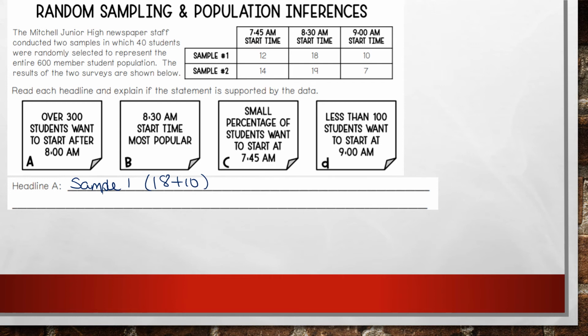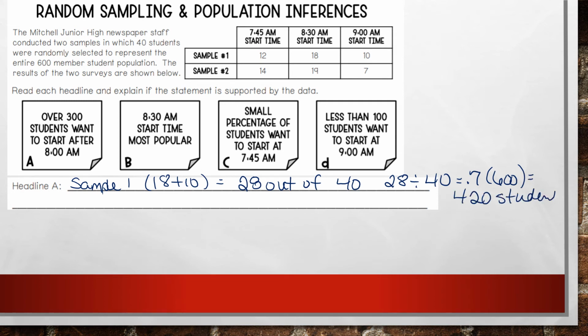We're going to add those 2 totals together, which ends up being 28 out of 40. And then if you divide, 28 divided by 40 would be 0.7. And you multiply that times 600, so that would be 420 students, which is over 300, so this statement is true.